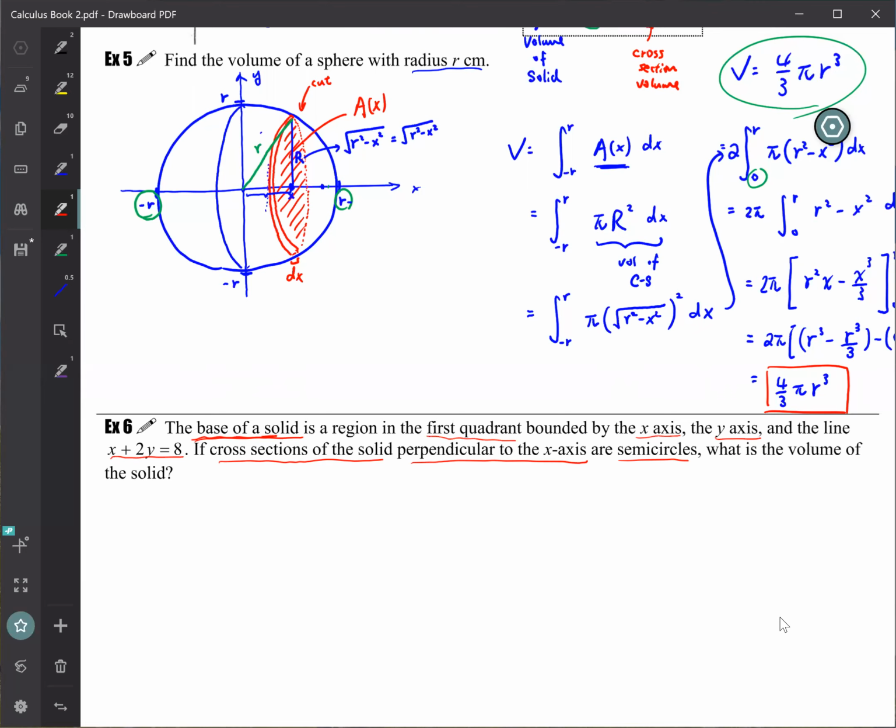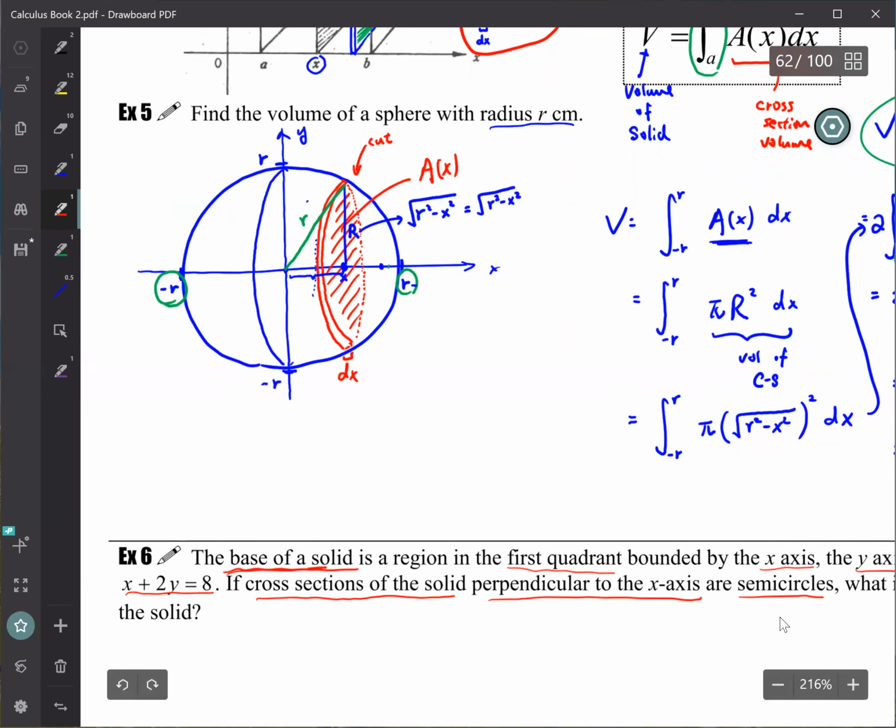Think about the sphere, okay? The cross section that I make is also perpendicular to x-axis, right? Think about the way I cut it. I have to cut it vertically to make the red circle, right? So this way we say the cross section is perpendicular to x-axis.